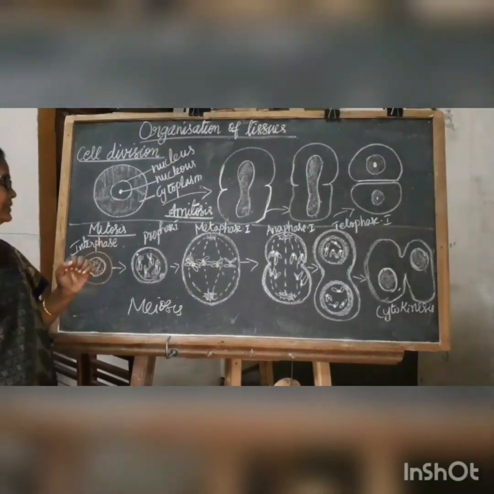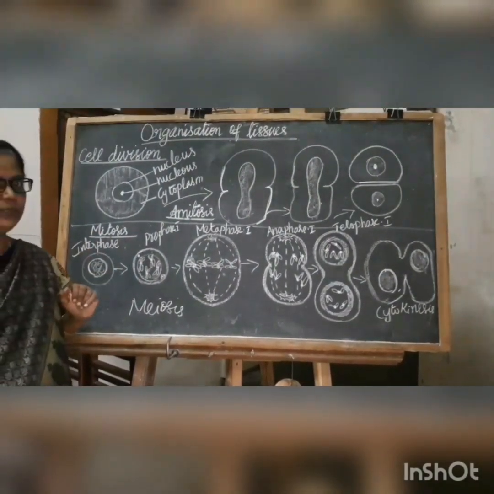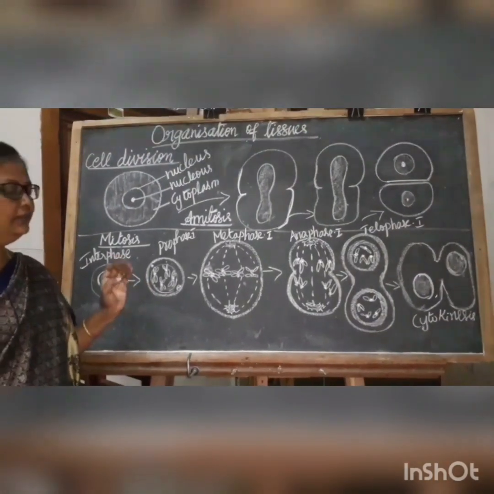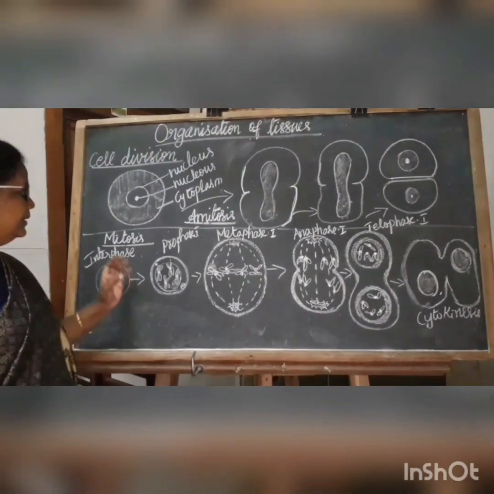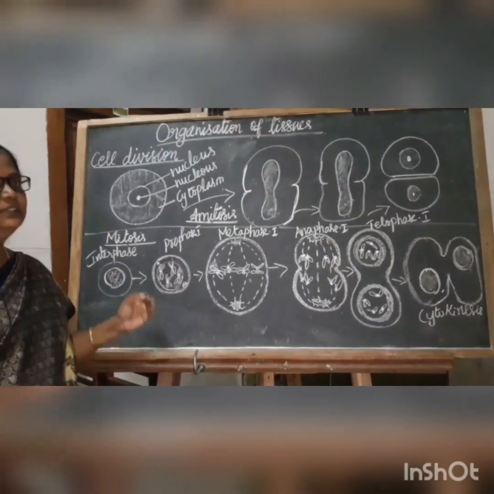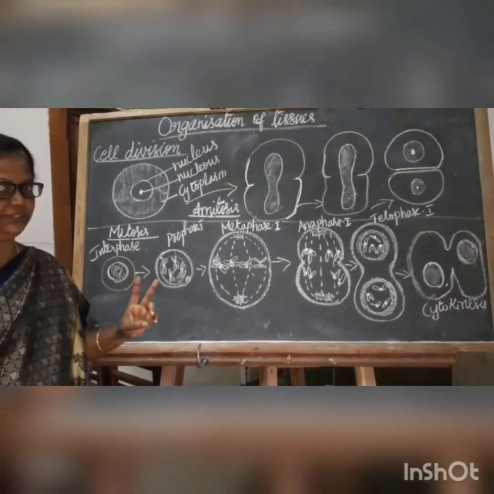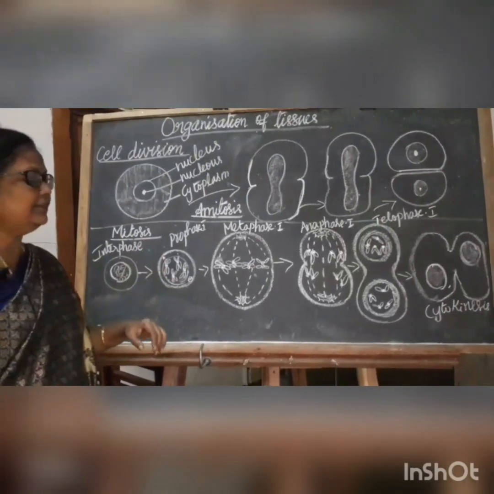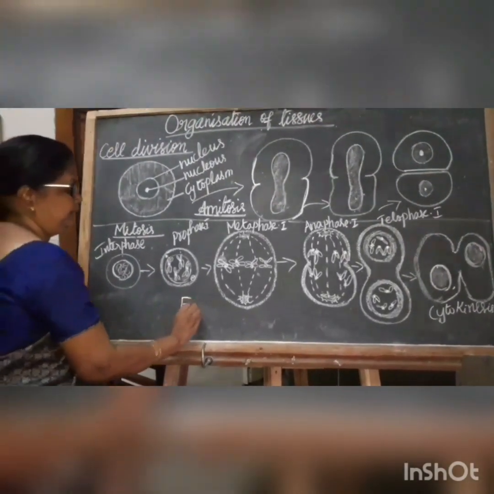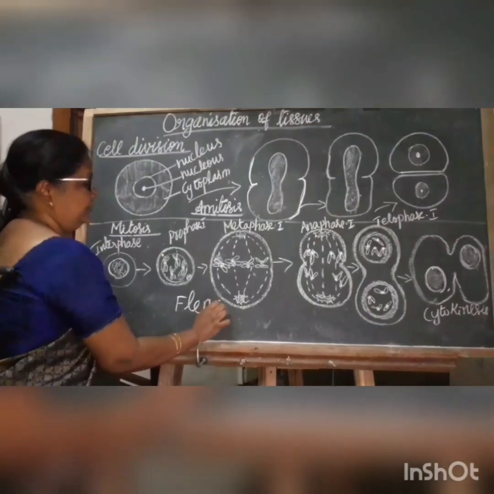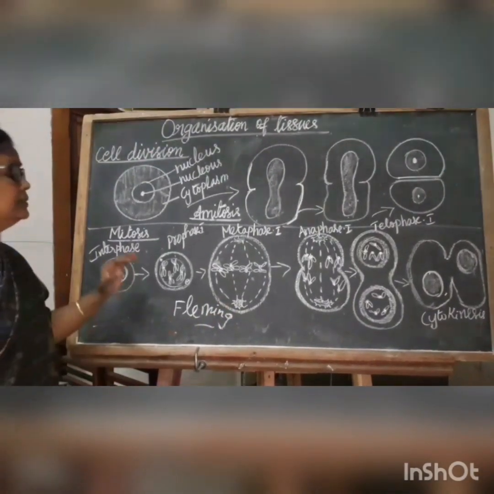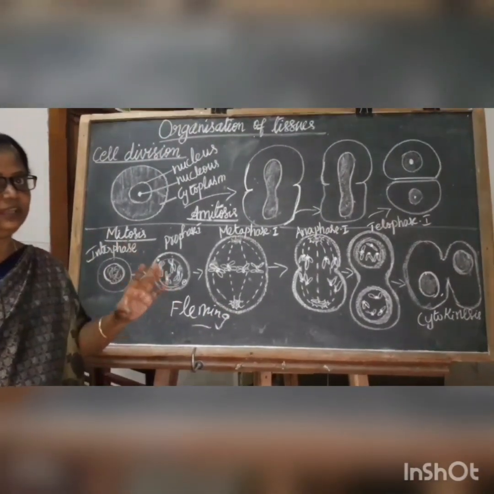The next one is mitosis. If you come to mitosis, you can see the parent. That parent will divide into two identical daughters, and it was discovered by Fleming. These two identical daughters will have the nucleus.